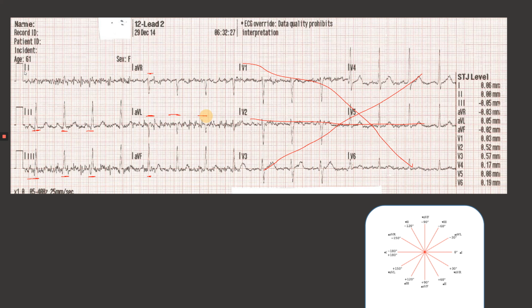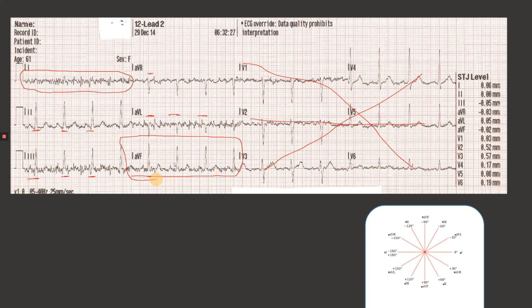The only one that's kind of spotty is going to be lead 1. And the reason why it's spotty is because that QRS is equally up and equally down, or about that, so it makes it less prominent. And so I'm going to determine that to be my most biphasic lead, which again, just like AVF from the last one, is going to be where I look. And so my degrees are going to be about 90.